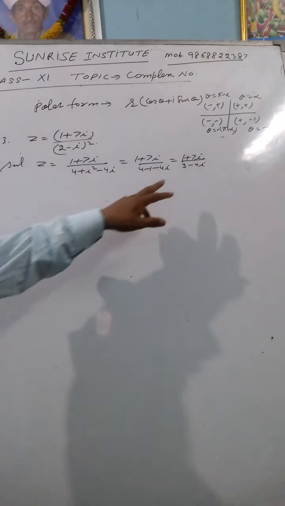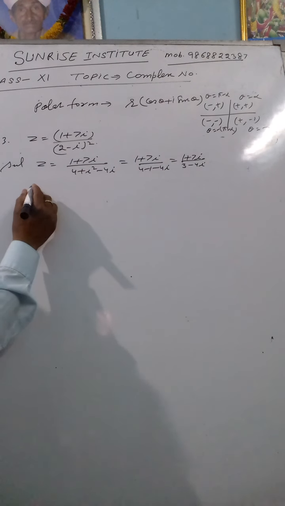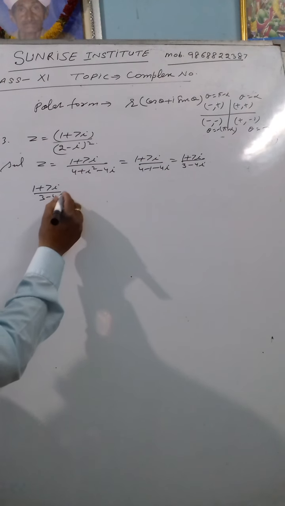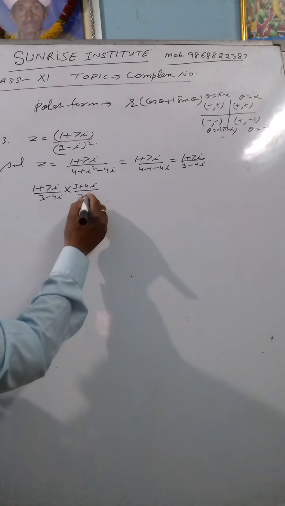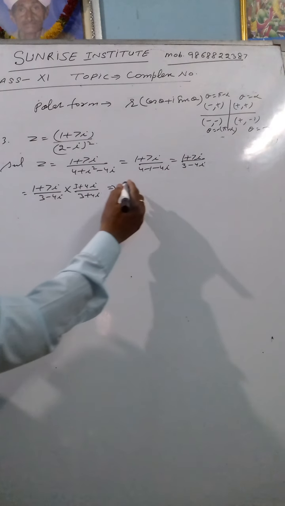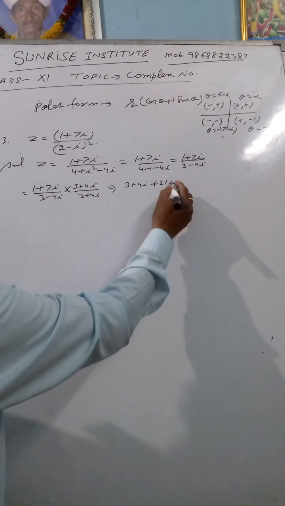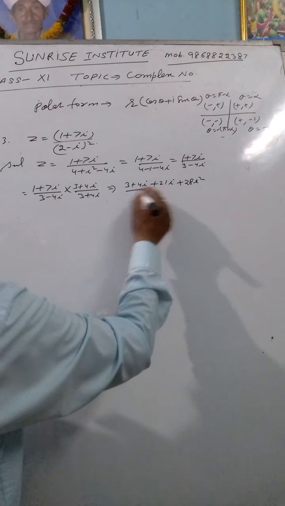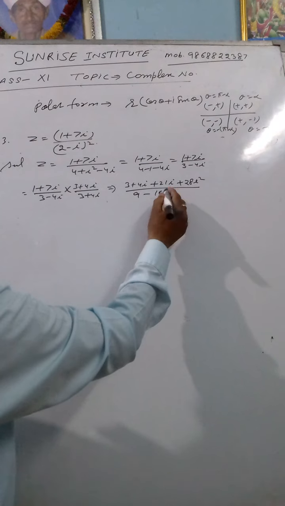First we rationalize this 3 minus 4 iota. Then we have (1 + 7i) upon (3 - 4i) into (3 + 4i) upon (3 + 4i). Okay students, then we have 3 + 4i + 21i - 20 + 28 iota squared upon 9 - 16 iota squared.